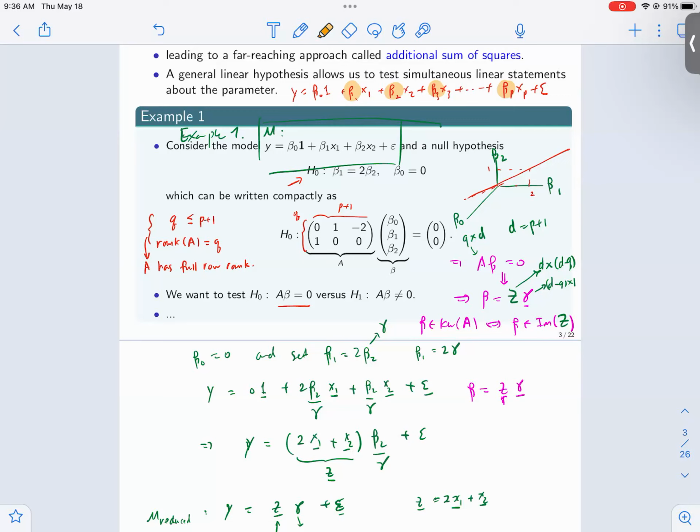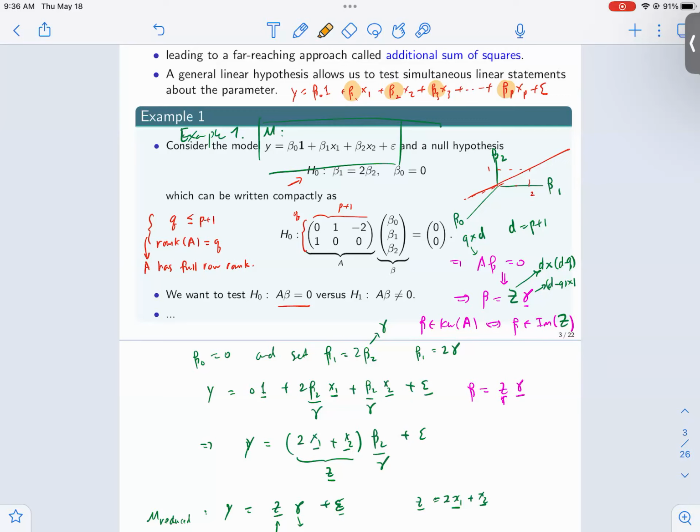You have a bunch of linear constraints on the coefficients of the linear model, and you can write it as A beta equal to 0, where the rows of A are linearly independent. So A has full row rank.